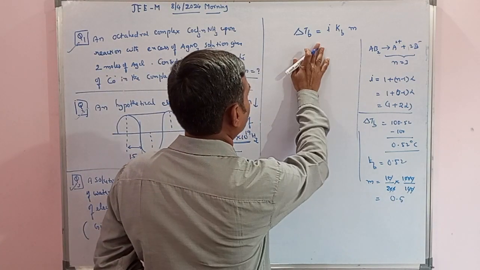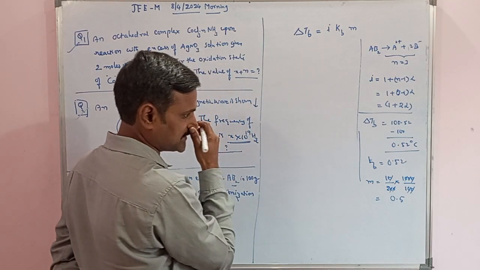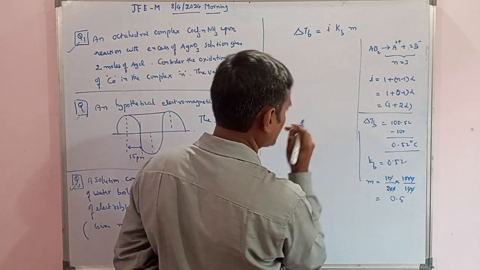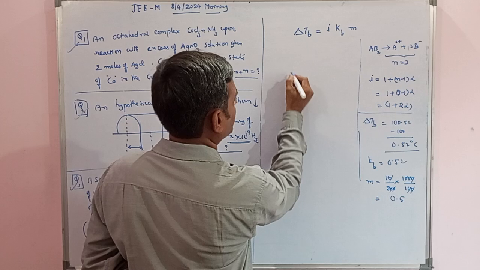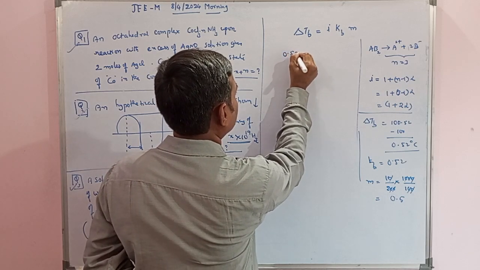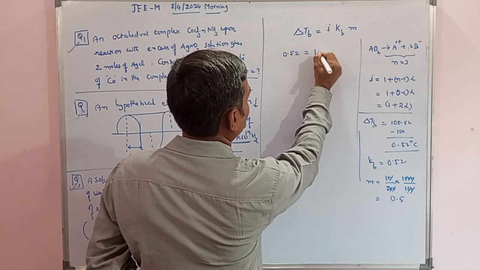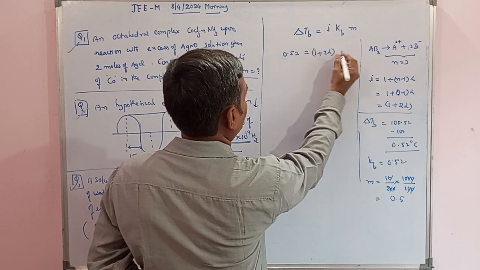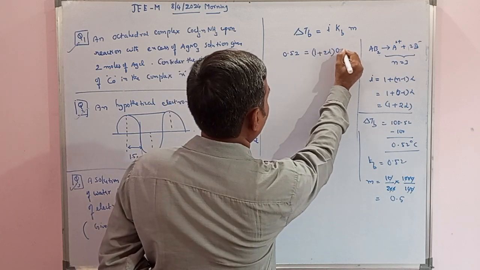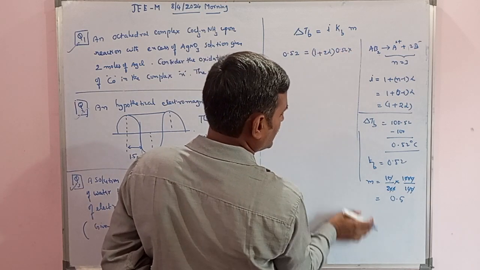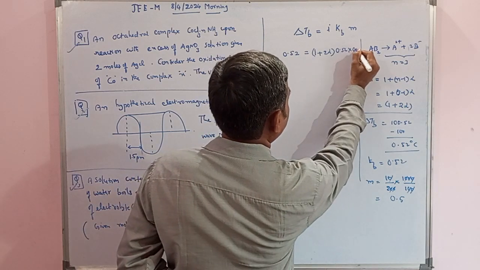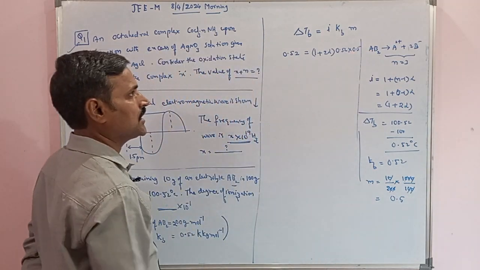Let it be. Now we will substitute all these things here. Delta TB we have is 0.52, i value is 1 plus 2 alpha, Kb we have 0.52, and the molality we got is 0.5.